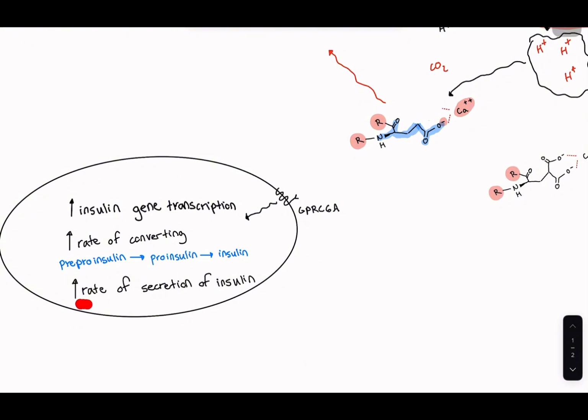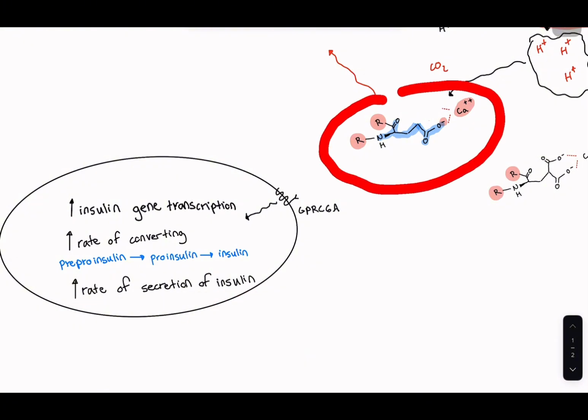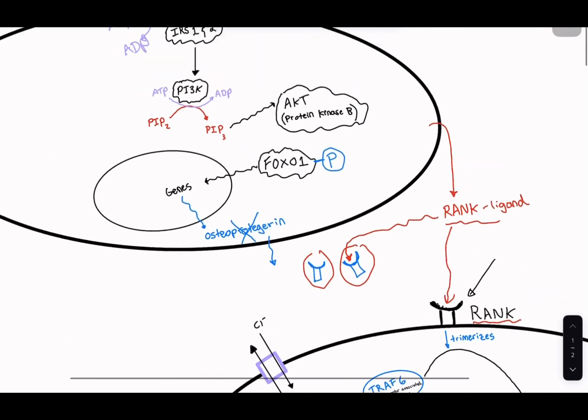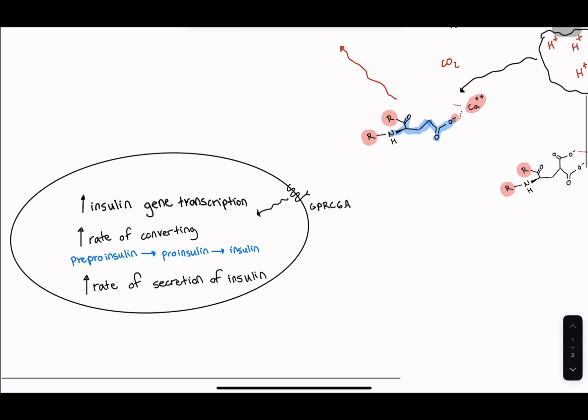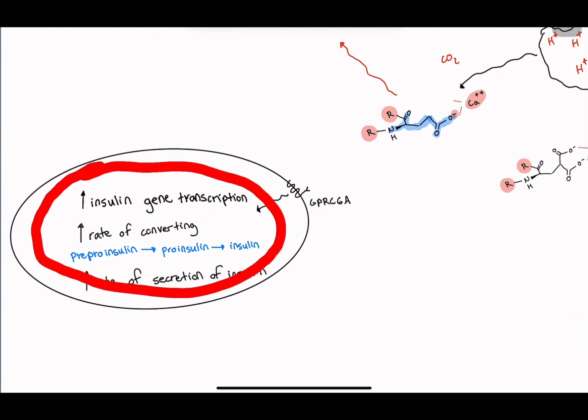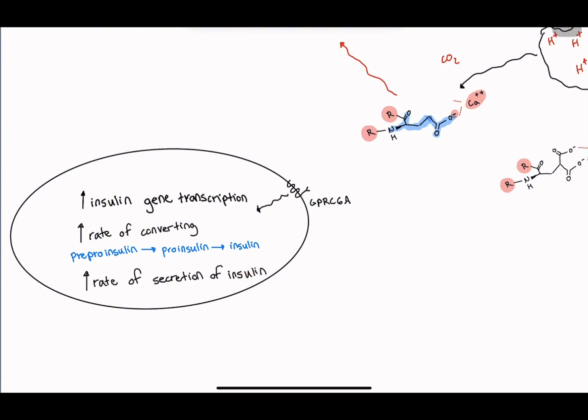And then I'm increasing the rate of secretion of insulin. So overall, this osteocalcin molecule, which is released in response to insulin and mechanical stress during exercise, is facilitating the ability of these pancreatic beta cells to produce insulin. So I'm enhancing their ability to produce and release insulin in response to a meal.